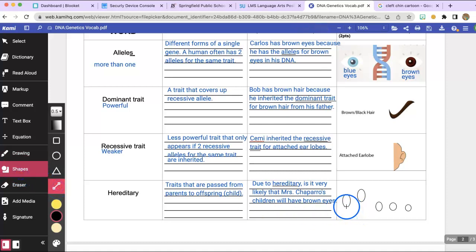Gotta give myself a body. Legs. Legs. Arms. Arms. There we go. Mr. Chaparro. Look at him. And then the kids. Mr. Chaparro's arms are off a little bit. He'll be alright. Dumpster diving accident.